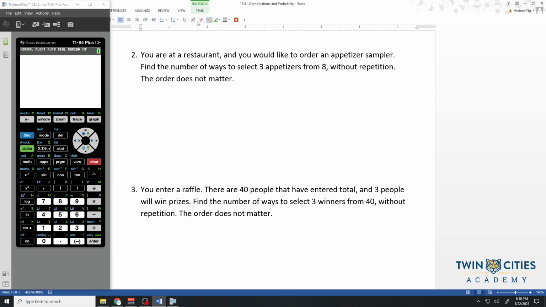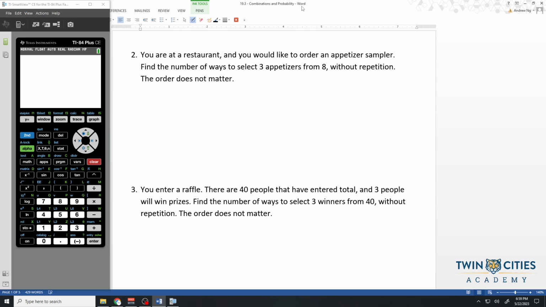Okay, here's a common thing that we see. A lot of restaurants have an appetizer sampler where you can choose a whole bunch of appetizers, you can order them individually, or you might be able to save a little bit of money if they do have this appetizer sampler where you can order 3 of them for maybe the price of 2. So there are 8 appetizers at this restaurant, and you want to choose 3 of them.